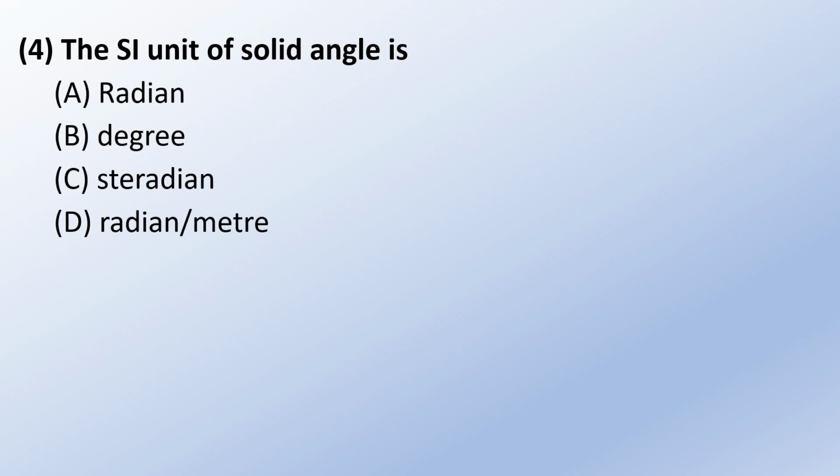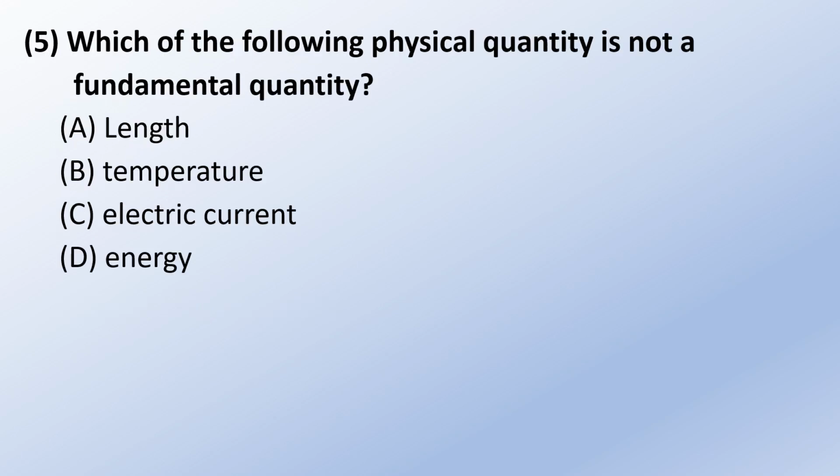B. Degree. C. Steradian. D. Radian per meter. Answer: C. Steradian. 5. Which of the following physical quantity is not a fundamental quantity? A. Length. B. Temperature. C. Electric current. D. Energy.